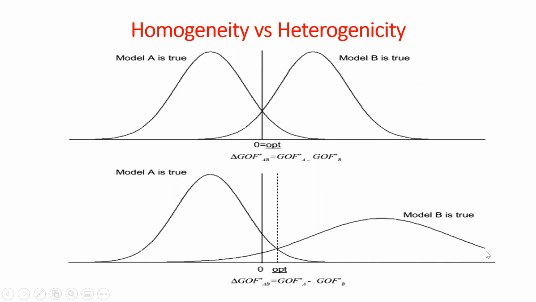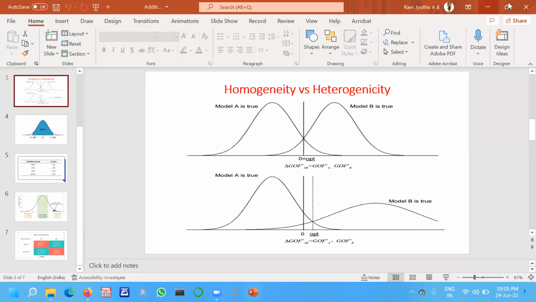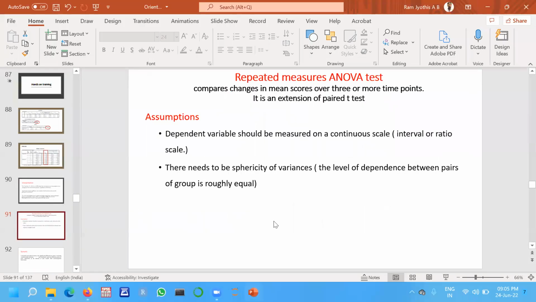So that is called heterogeneity. Just for your understanding. So there needs to be sphericity of variances. The level of dependence between pairs of the group is roughly equal. There is one test for that, we'll see that later. Okay.